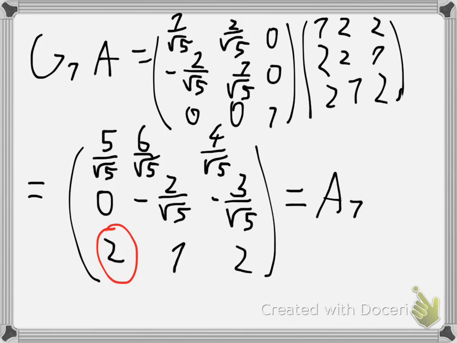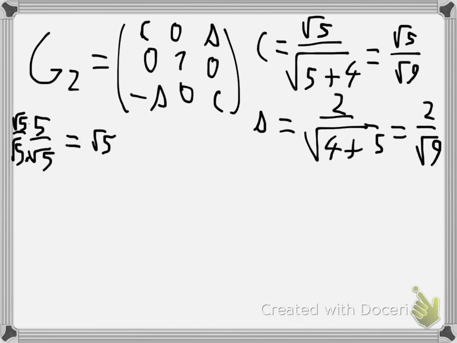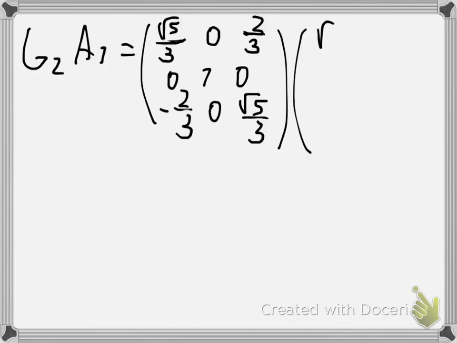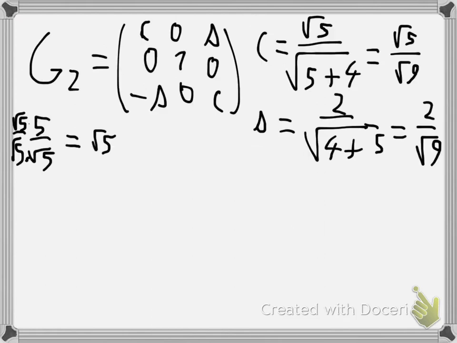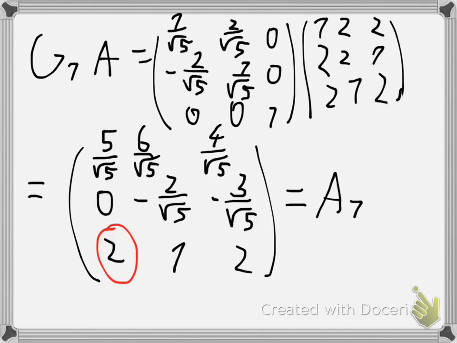And our matrix A1, so square root of 5. Okay, because remember we multiplied by square root of 5 on the top and the bottom of 5 over square root of 5.